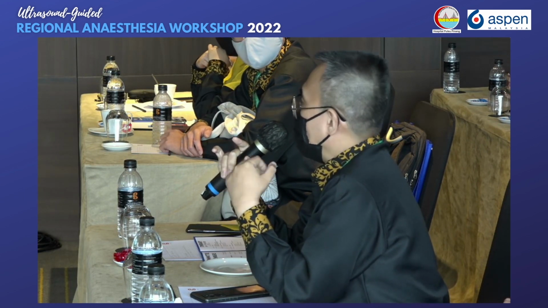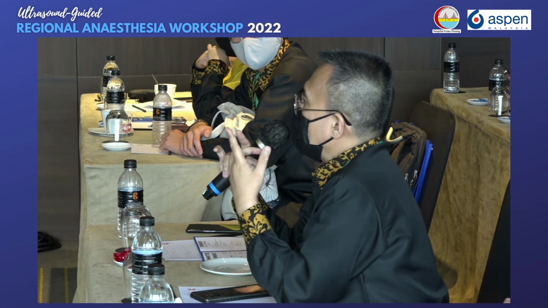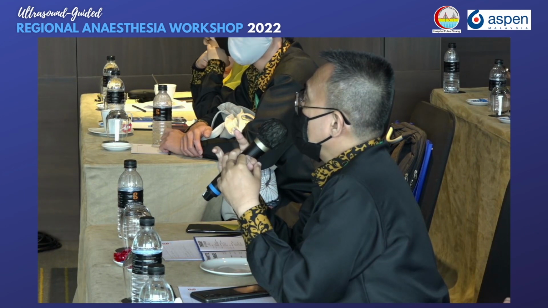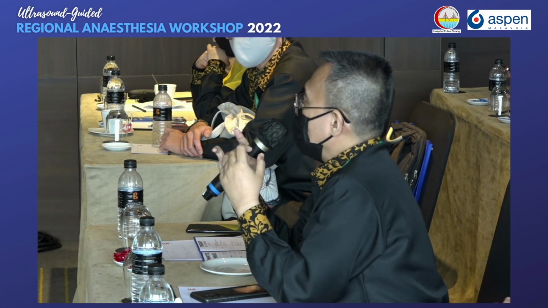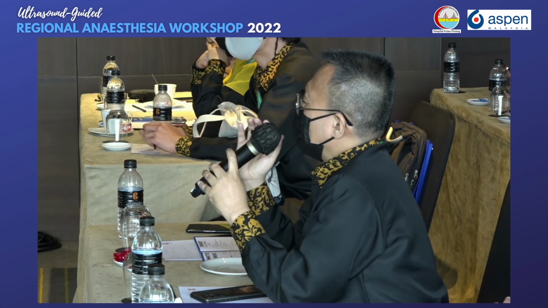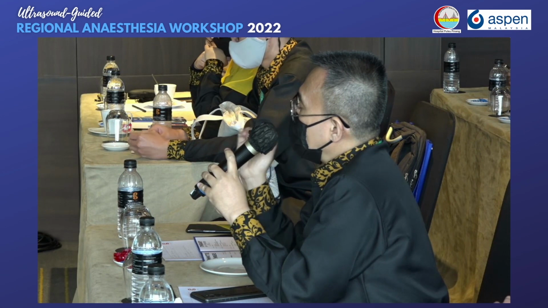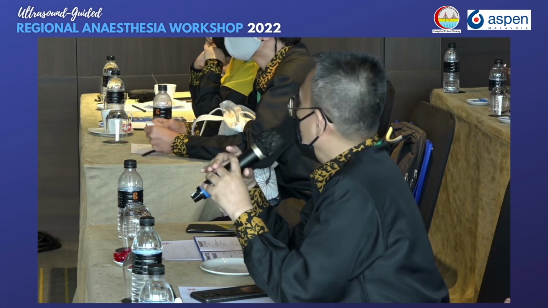You need to block higher up. So I usually go around second or third rib, at least below the second rib. So that's the difference between the injection sites for the second injection of PECS2 block for a mastectomy and axillary clearance and also a vascular access surgery.